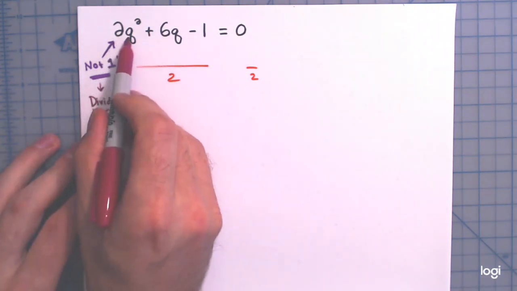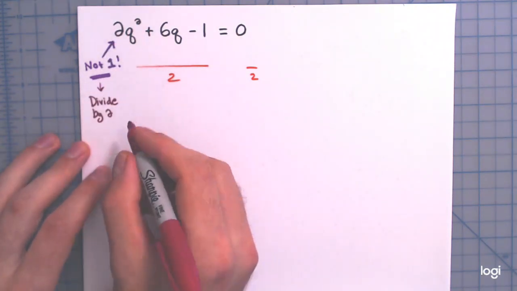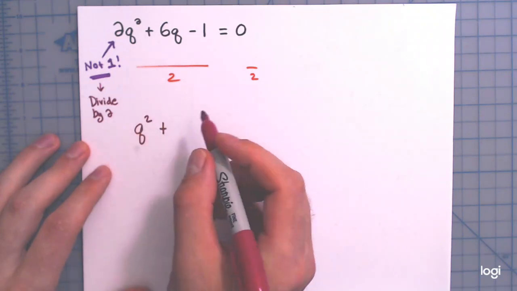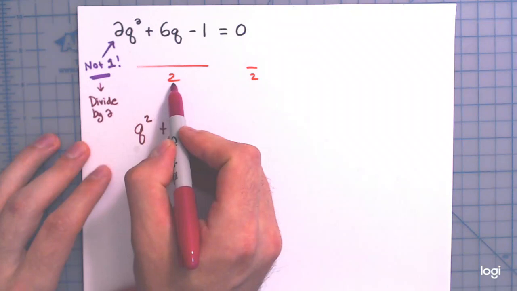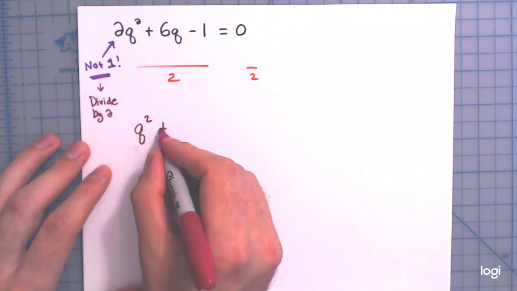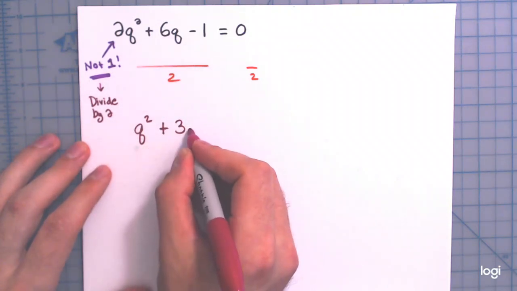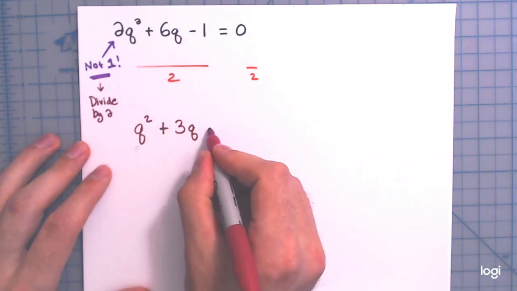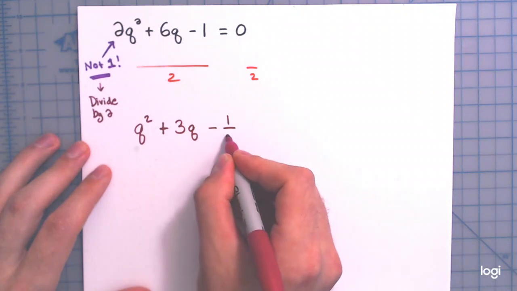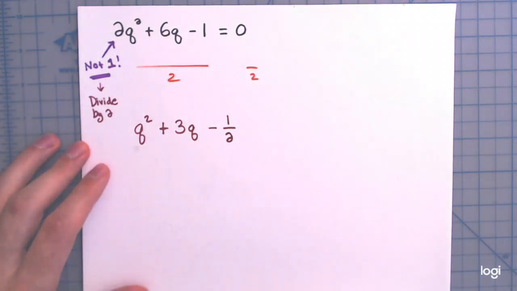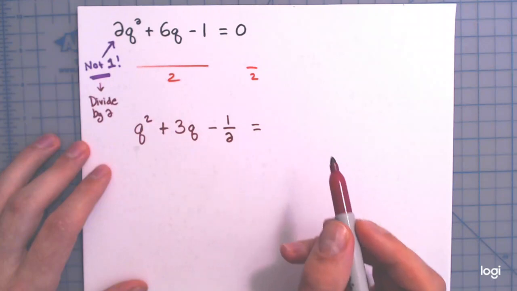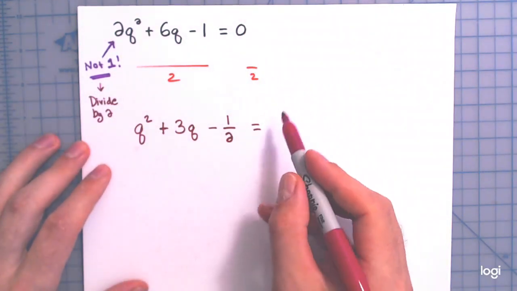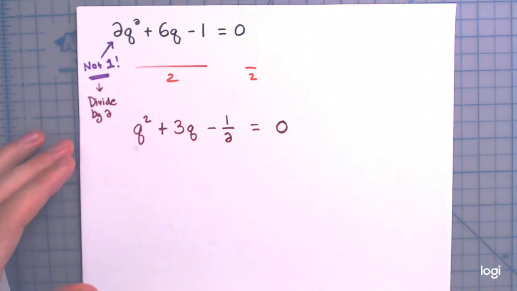All right, so 2q squared, when I divide by 2, would get rid of the 2, giving me q squared, 1q squared, plus, and then 6q divided by 2 would make 3q. 2 goes into 6 3 times. And then negative 1 divided by 2 is simply negative 1/2. Nothing simplified there. And then on the other side, 0 divided by some non-zero number is 0. 0 divided by 2 is simply 0.